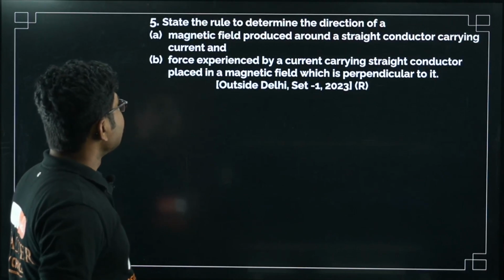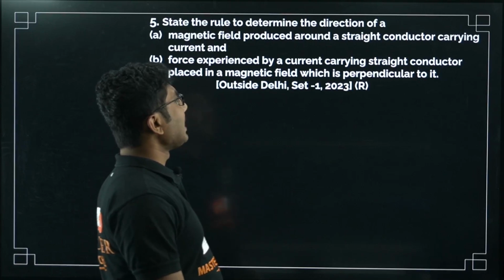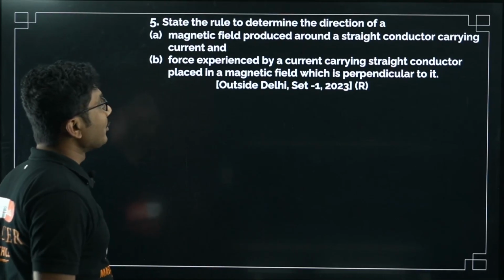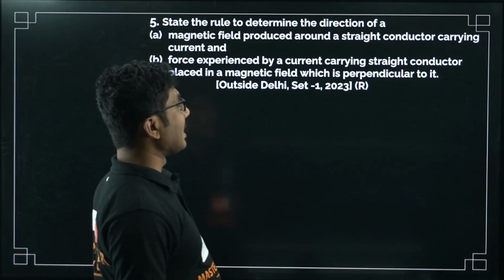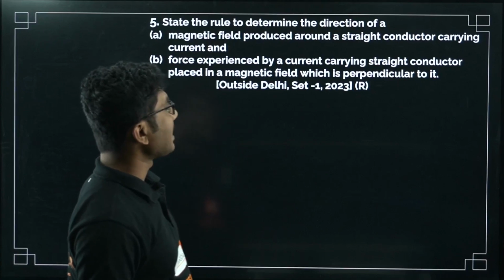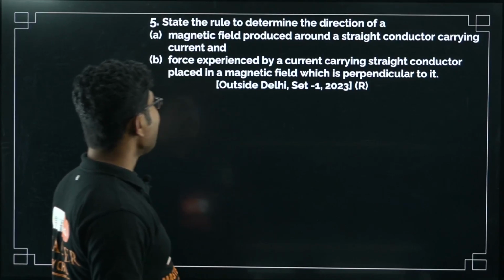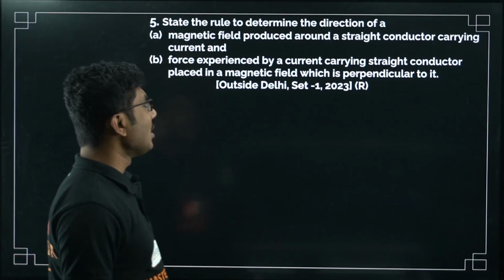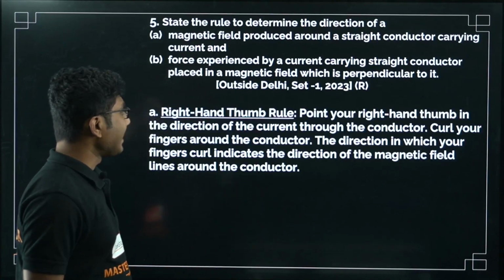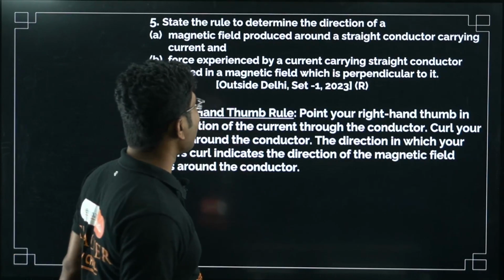Next, state the rule to determine the direction of number 1, the magnetic field produced around a straight current carrying conductor, and number 2, the force experienced by a current carrying straight conductor placed in a magnetic field which is perpendicular to it. Outside Delhi set. First, what law do we use?